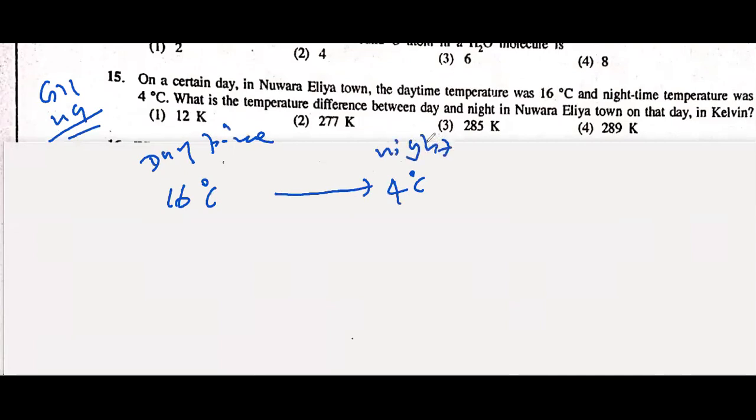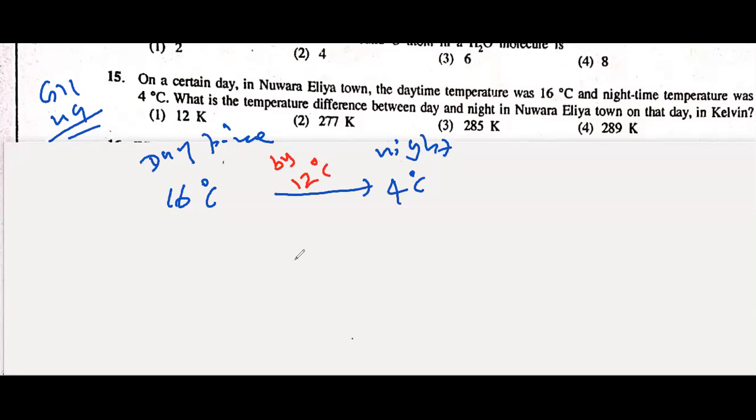That's what they have given. Now they ask what this difference is in Kelvin. The difference in Celsius is 16 minus 4, which is 12 degrees.